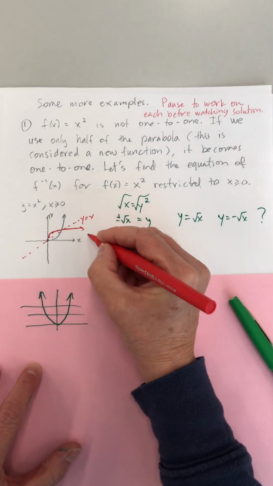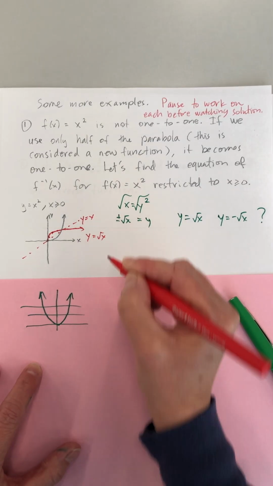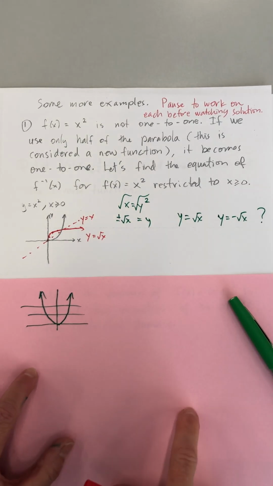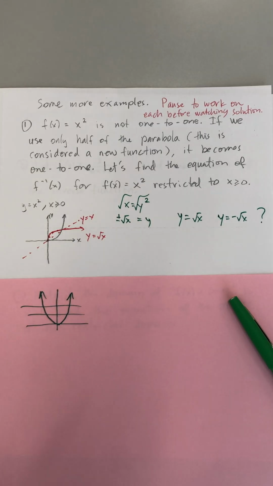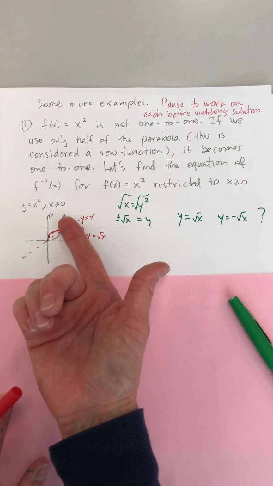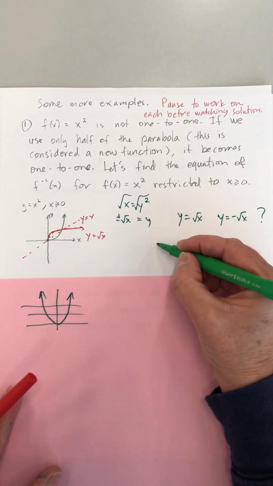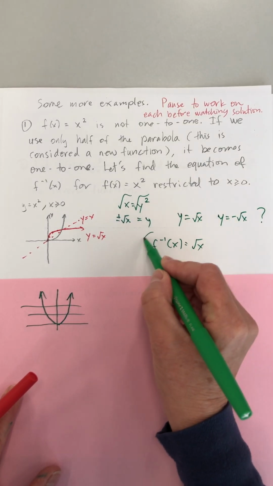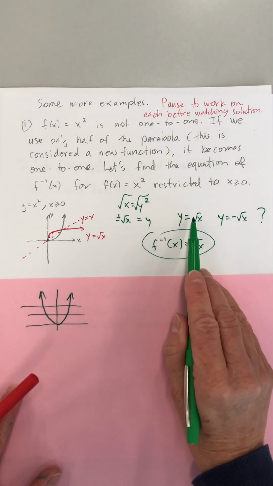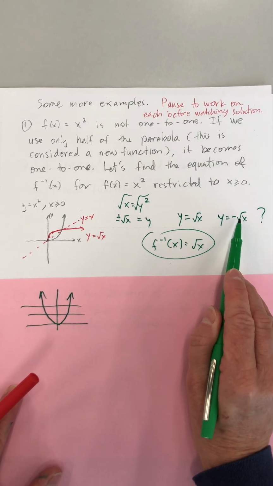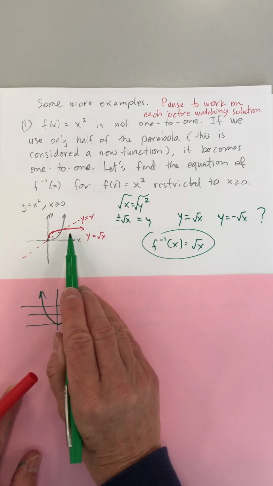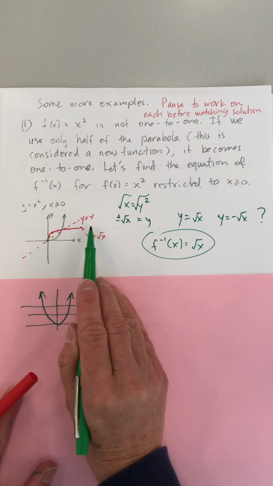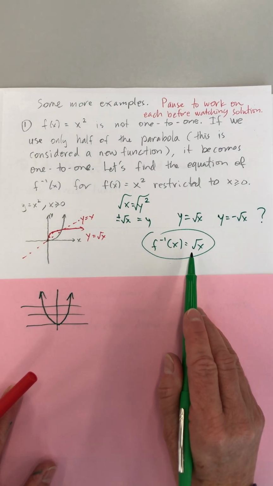And this is the graph of y equals the square root of x. So I know I have to take the positive square root there because that matches what the graph of the inverse looks like. So here we would have f inverse of x equals the square root of x. Again, it was, do I take plus or do I take minus? I need to match what the inverse graph looks like, which is root x, so I need to take the positive root x.